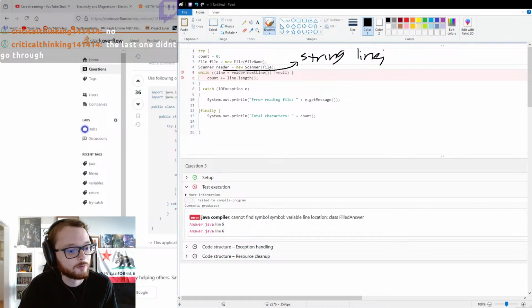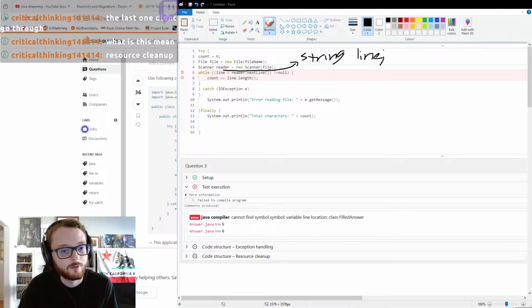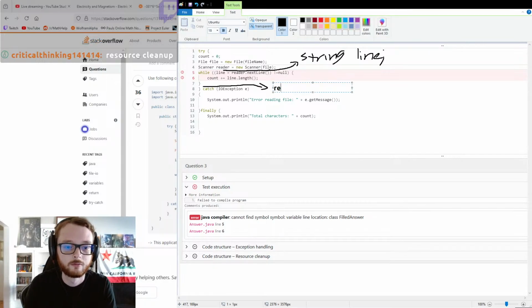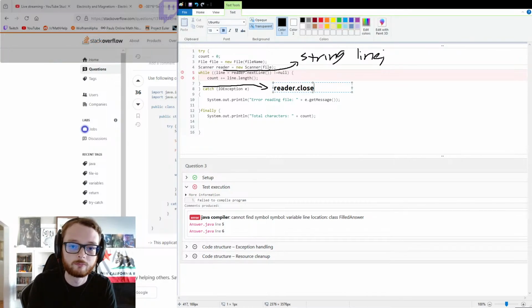What does this mean? Resource cleanup. They might want you to close the file after you're done with it. You would close the scanner, I think. Reader.close. Maybe.